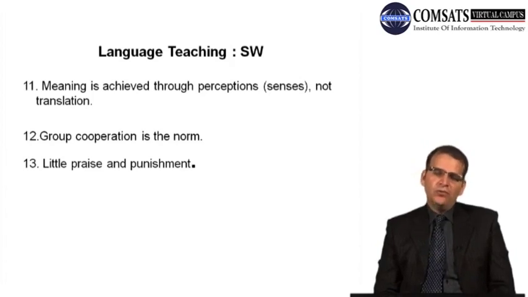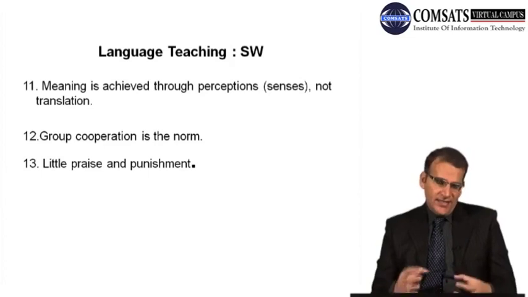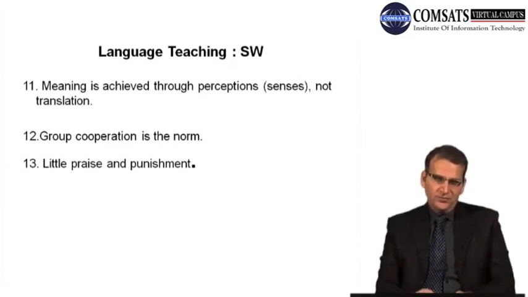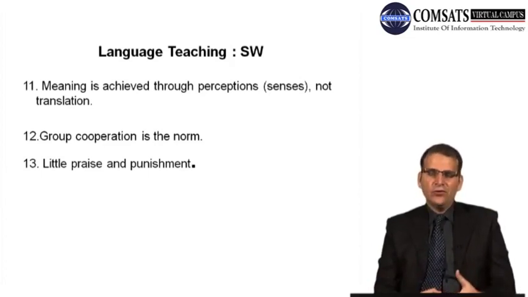And group cooperation is the norm. Students cooperate, right? Even at the end we saw that the teacher gathers the students and sits in the middle around a table. So there is a gathering around the teacher, and the students help each other. So group cooperation is a norm.